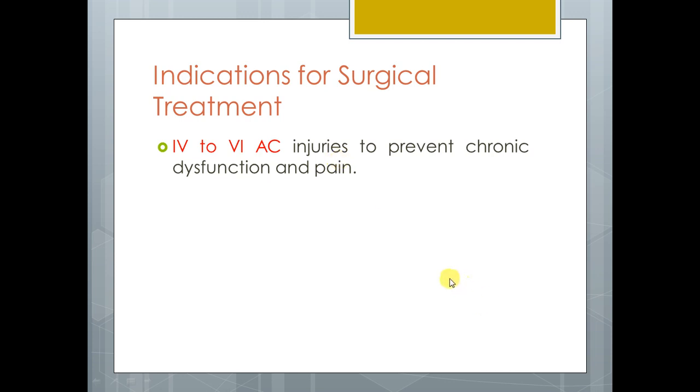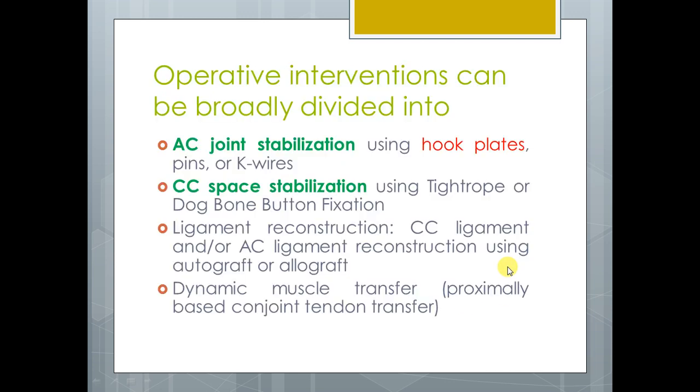Regarding the indication of surgical management, from type 4 to 6, you have to prevent chronic pain and chronic instability. Techniques of operative fixation: either to fix the AC or to fix the CC. To fix the AC, hook plate, pins, and K-wire are obsolete now due to migration.